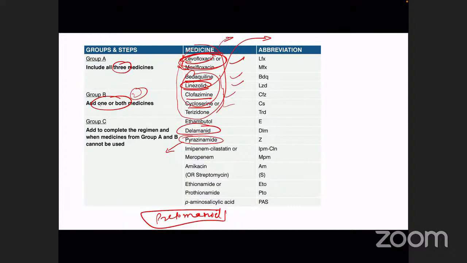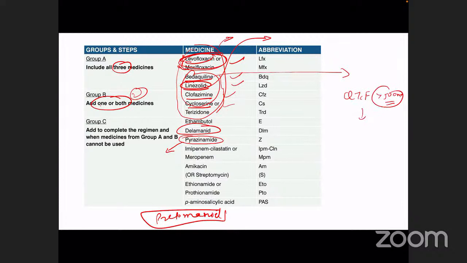these agents. Otherwise, if some resistance is there, or if you have some contraindication for the use of a drug, for example, this is very important for bedaquiline. If the patient has QTcF of more than 500 milliseconds, and that is not acute, that is, even after correction of the correctable causes, like electrolyte disorders, it remains more than 500 milliseconds, you cannot use bedaquiline.